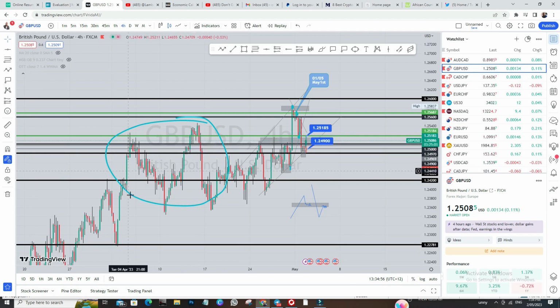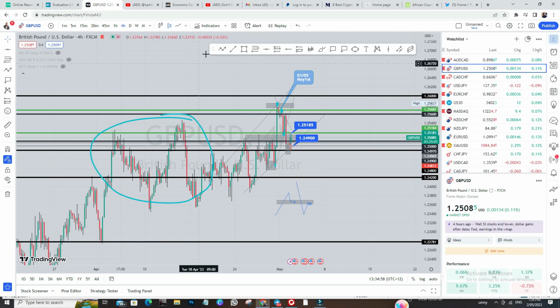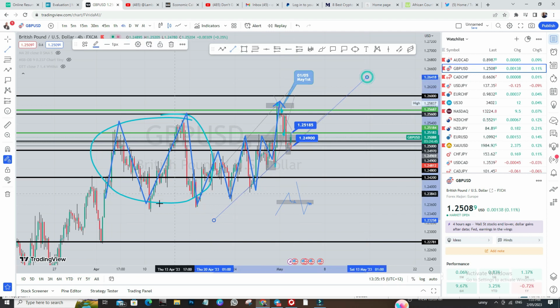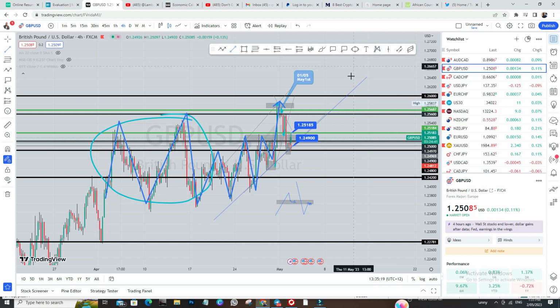After this double top, price started to create a pattern on a channel, with everything inside these two parallel lines. Everything is just messy, but just follow the lines I'm drawing.